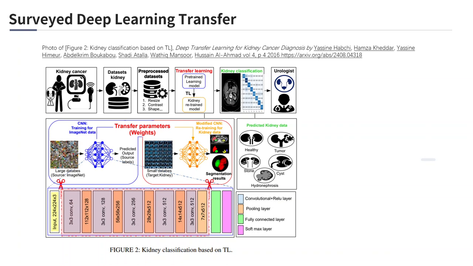Then you get your predicted kidney data results. So I thought this image gave a great visual of how the architecture design looks for prognosis or predicting that type of data.